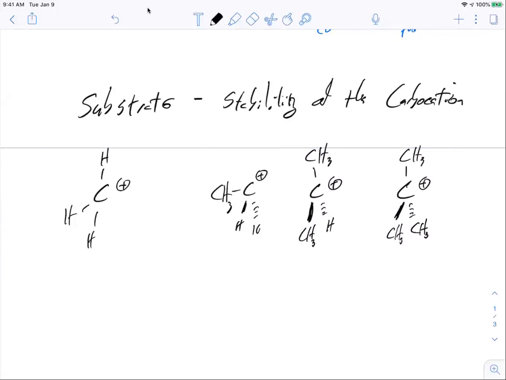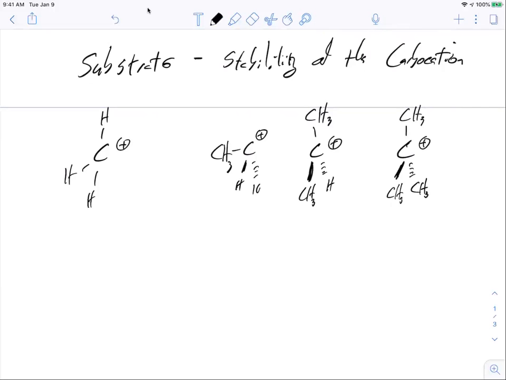If we look at these, the tertiary is going to be the most stable because of something called hyperconjugation.